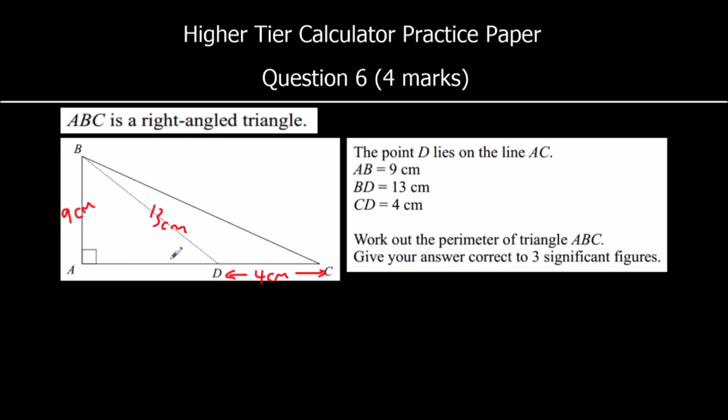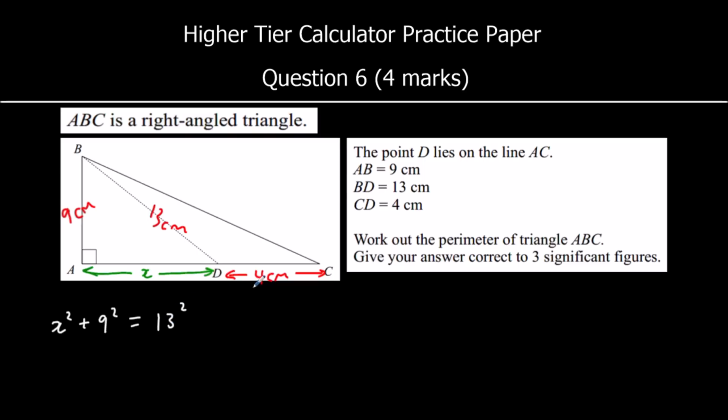So we need to work out the missing lengths. Again, we're going to use Pythagoras. So we can use the triangle ABD to work out the length A to D. So the right angle triangle ABD will give us a length AD. So let's call this missing length here X. So Pythagoras tells us that the two short sides squared added together equals the long side squared.